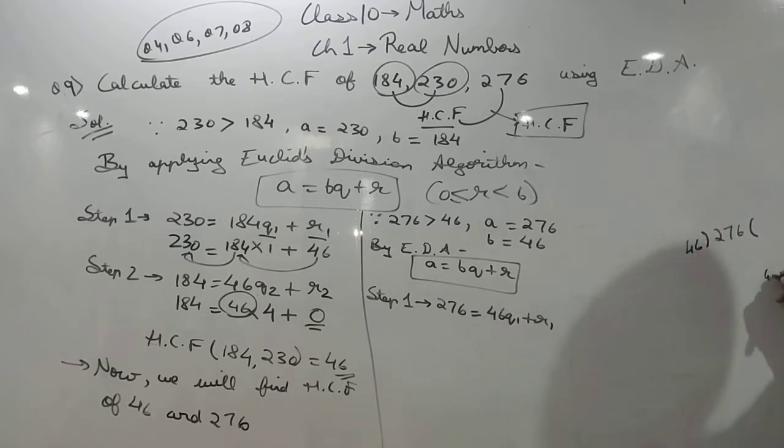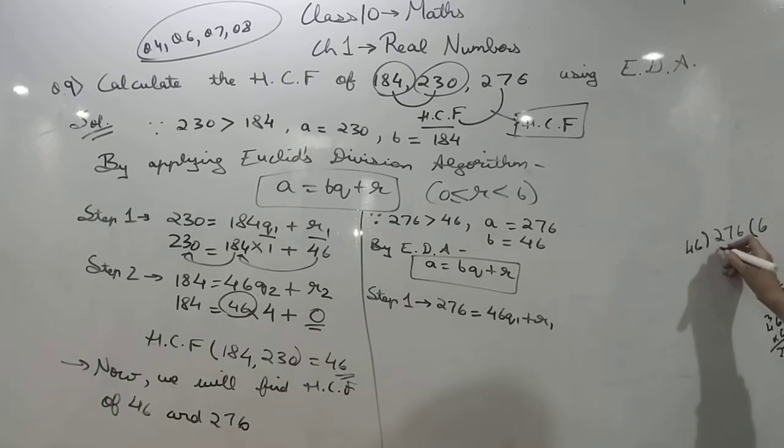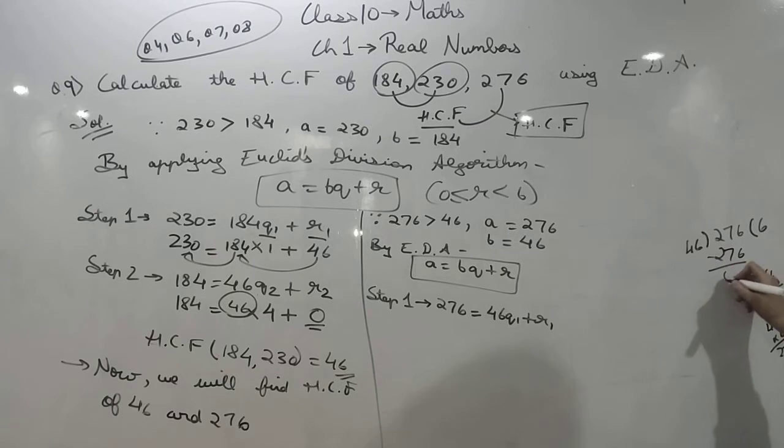Just do it. By 6 it is going. 46 6s are 276. So this comes your Q1 and this becomes your R1.